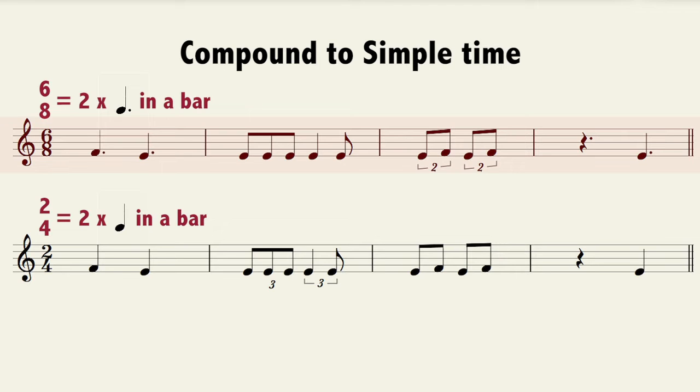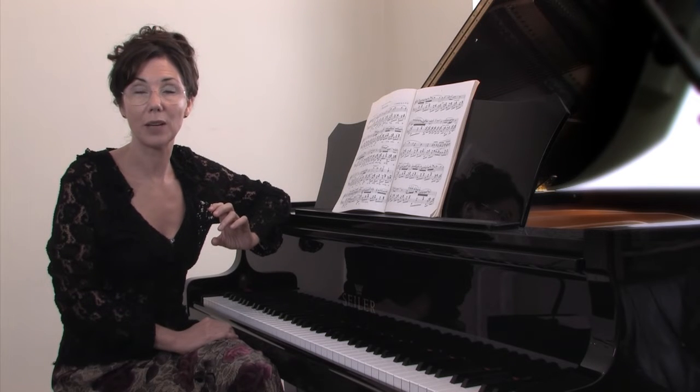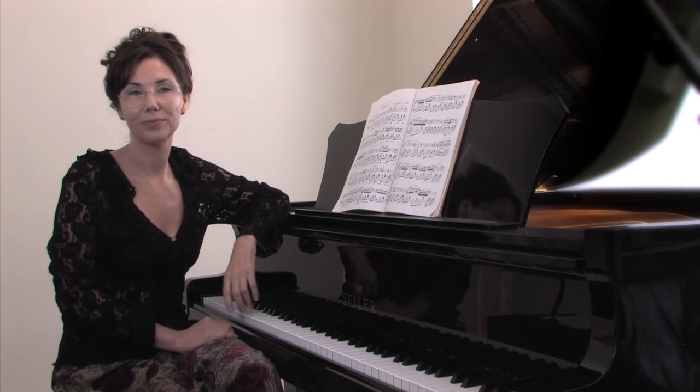So we're looking for a simple time signature with 2 beats in a bar. The closest one will be 2 crotchets in a bar, so a 2/4 time signature. Now we need to make our dotted crochet beats in the 6/8 time into crochet beats in the 2/4 time.